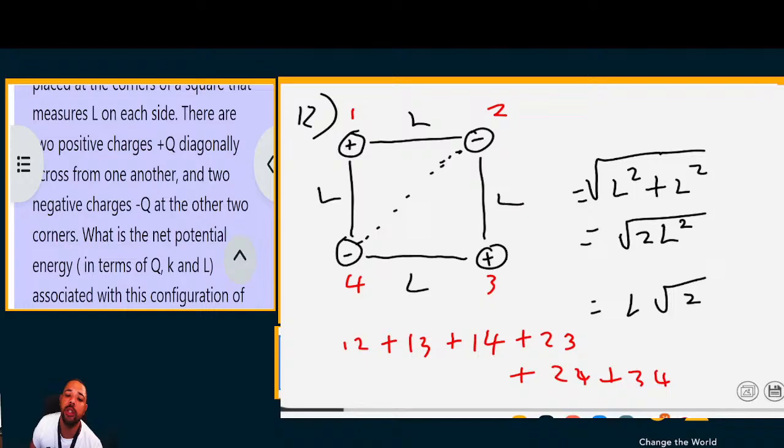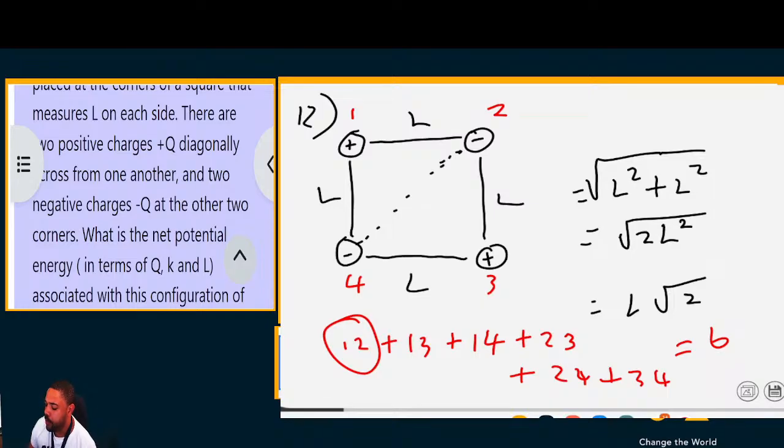It doesn't matter which one is in front, as long as it's a unique pairing; you won't see any other pairing of a 2 and a 1. So there are six distinct charge pairs. If I were to say 2 and 1, that's the same as 1 and 2.